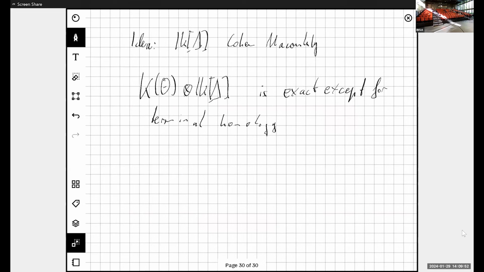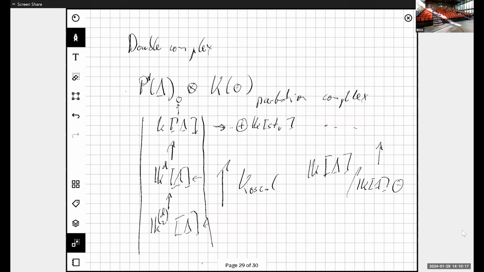And now what you want to do is compute the total complex. I will just give you the basic idea. What is the total complex? Well, you basically look at diagonals.